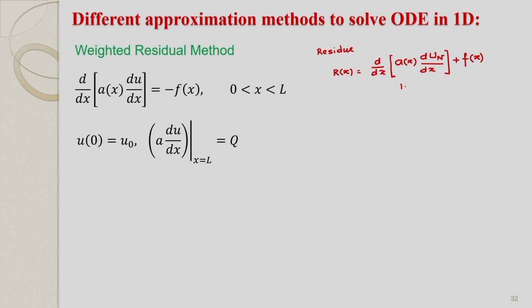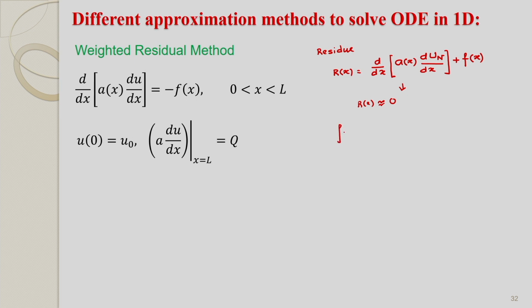So, in an ideal situation this residue should be close to 0. Now, in weighted residual method we make this residue 0 in integral sense over the entire domain. So, weighted integral statement can be written as, in that domain 0 to L.